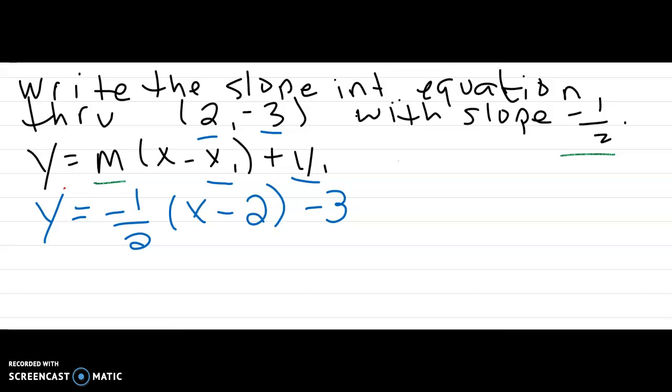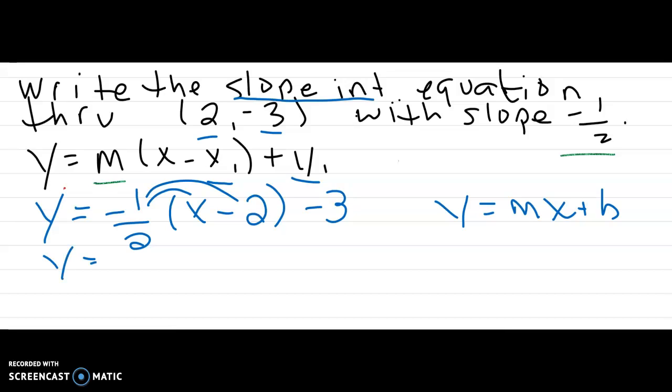But the question specifically asked to find the slope intercept equation of the line. So I have to do a little bit of work to make this look like slope intercept, which is y equals mx plus b. So to do that, I have to distribute my -1/2 to both of these terms.